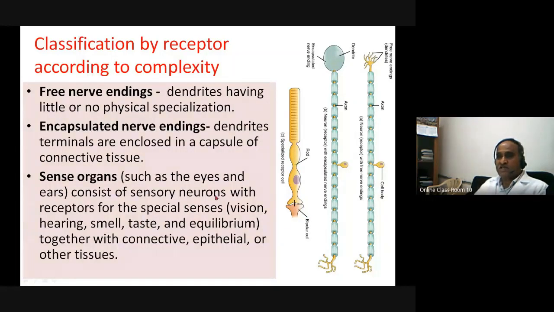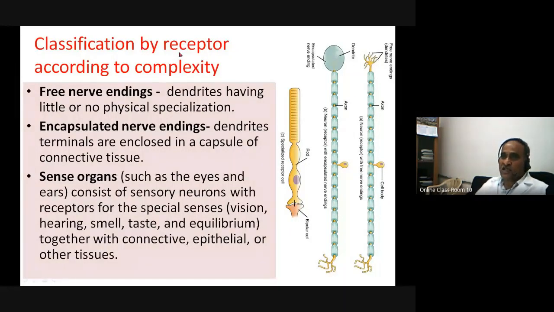They consist of sensory neurons with the receptors for the special senses, especially for vision, hearing, smell, taste, equilibrium, together with connective, epithelial and other tissues. So there will be so many things coming up here. Then at the end, whatever the visual output is coming.